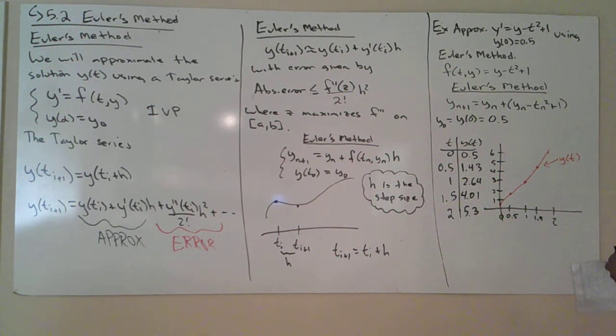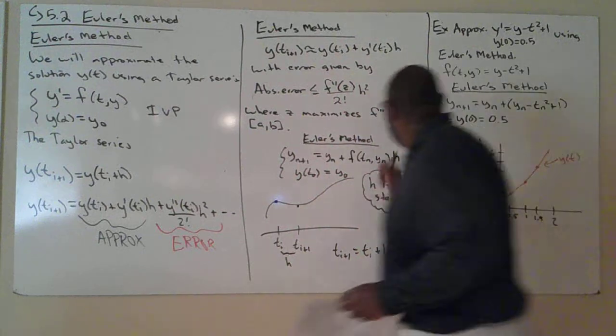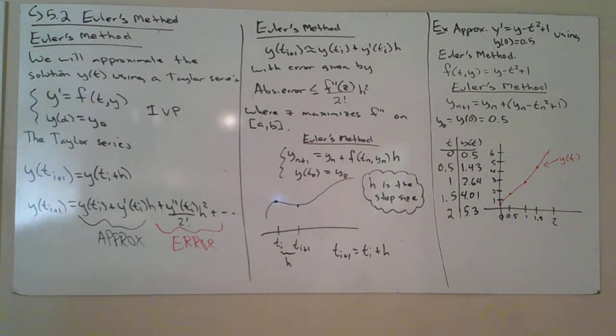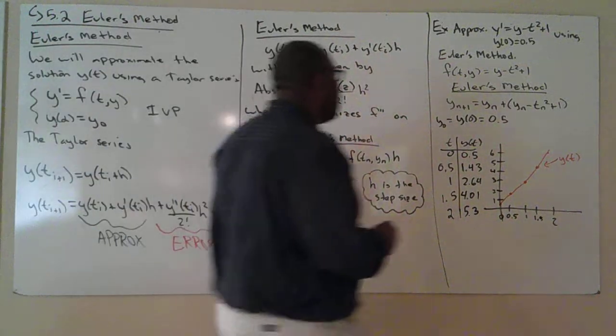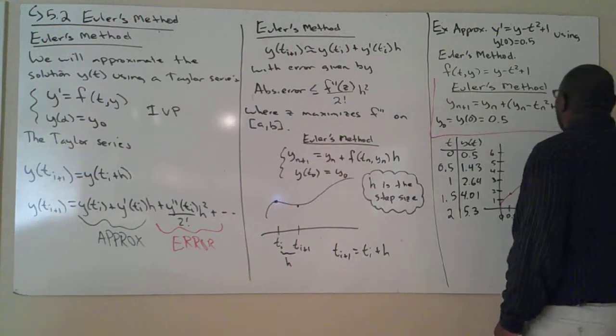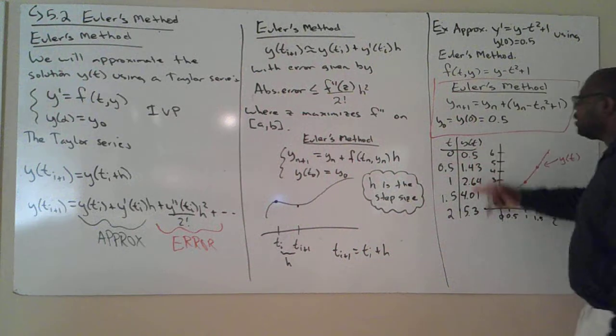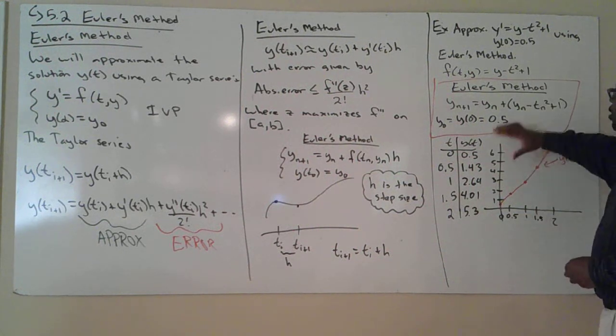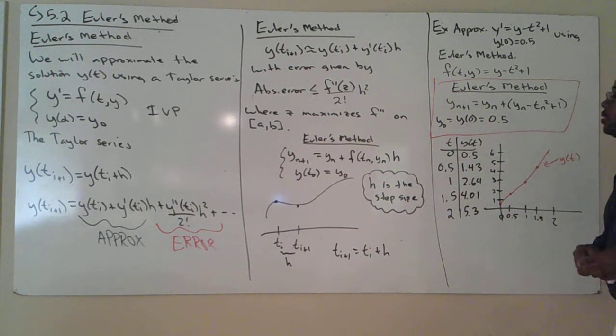All right, so let's compare this Euler's method with the values that I have here. Now, what h do I have to choose to be able to compare these guys directly?